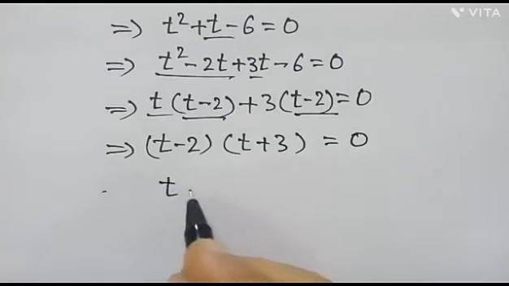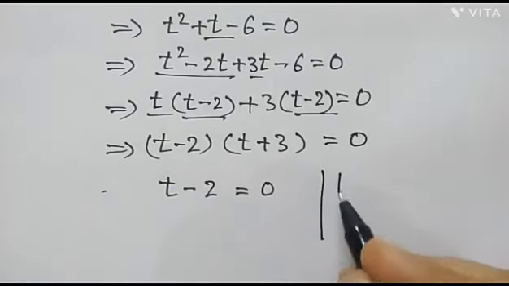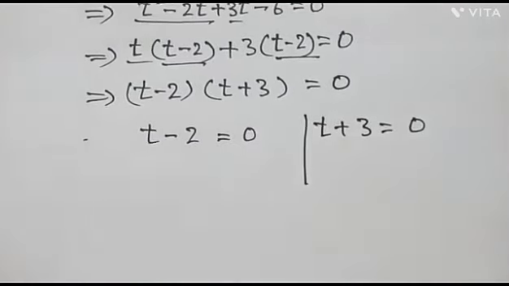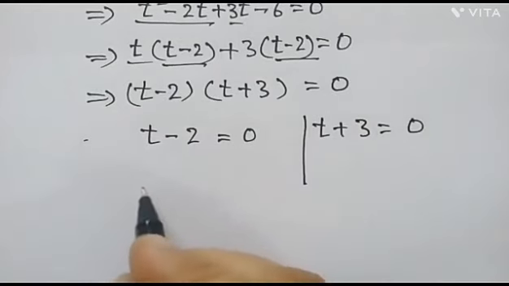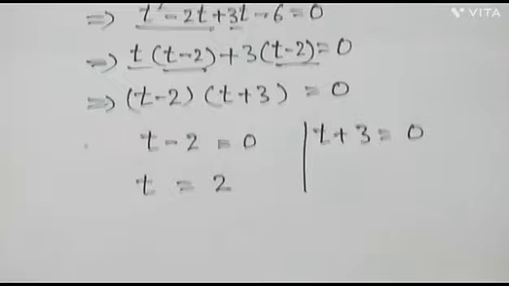Now we can say t minus 2 is equal to 0 or t plus 3 is equal to 0, right? So t is equal to 2, right?